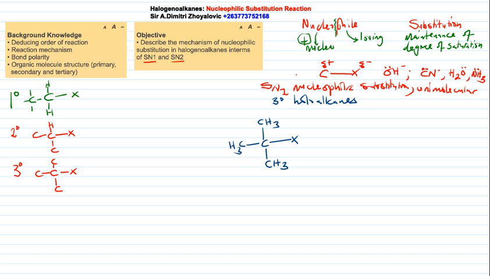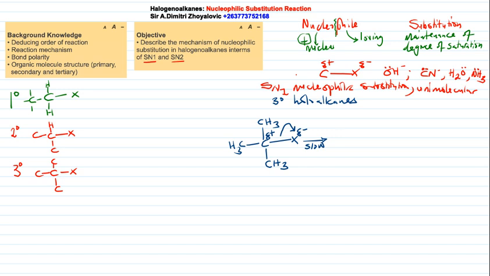The first thing we have to do is put in dipoles. The halogen is more electronegative, so partial negative. This carbon is electron deficient. Because of the bulkiness, this bond will break. This reaction is the rate determining step, so this is slow.